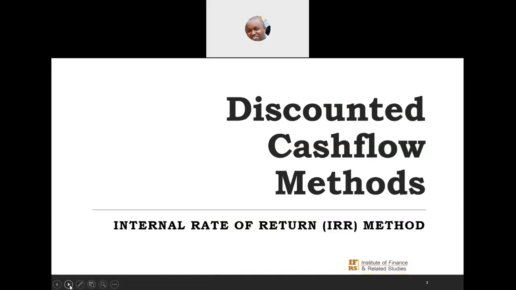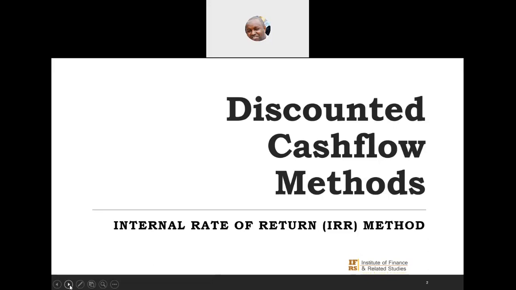There are two major methods of evaluating investment projects. One of them is the non-discounted cash flow technique, which has the inherent disadvantage of not considering the time value of money, and the other is the discounted cash flow method, which is superior in that it considers the time value of money.